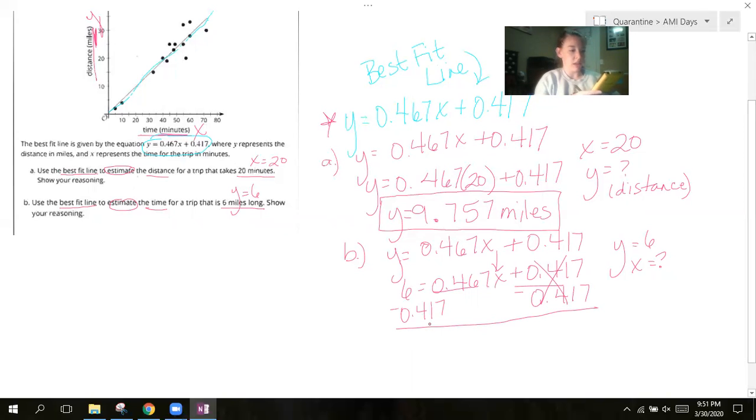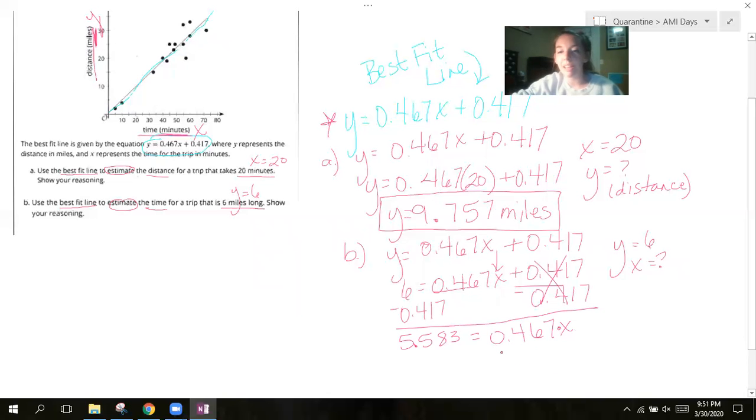And on the other side, I'm going to get 5.583. And that equals 0.467x. All right, so that's saying 0.467 times x.